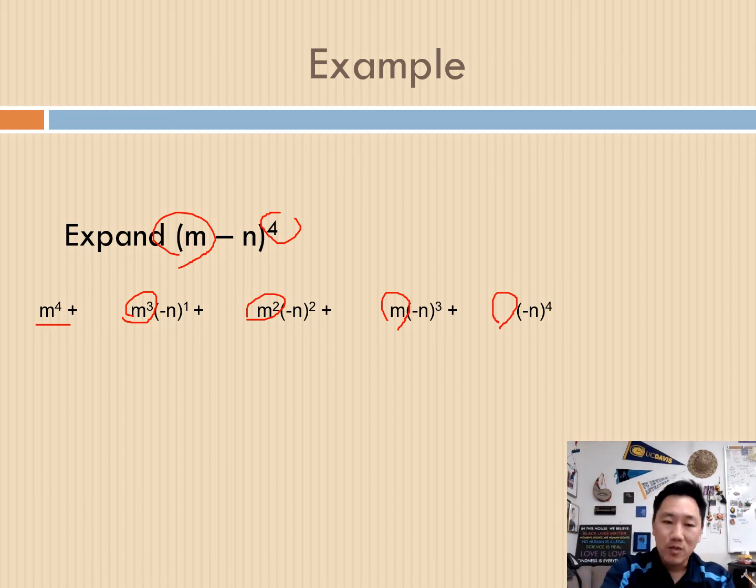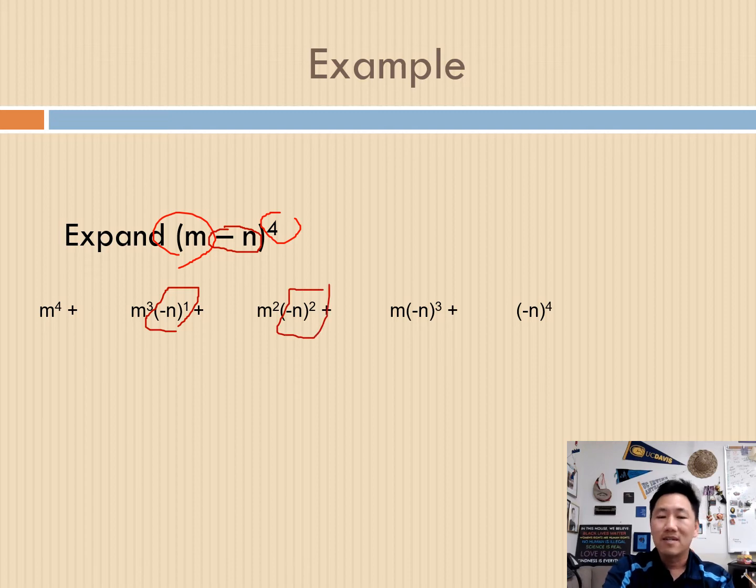Okay, then we do the n's. We start off with no n, and actually it's not just n, we're going to use this negative as part of the n. So no negative n, and then we have 1 negative n, and then negative n squared, and then negative n to the 3rd and negative n to the 4th. So yeah, that negative sticks with the n.